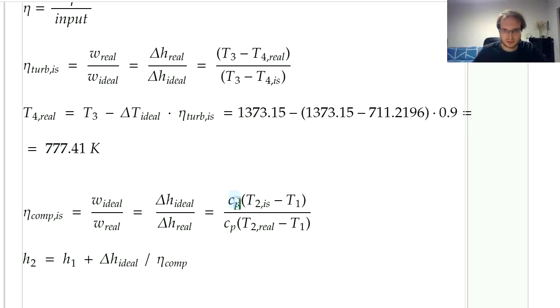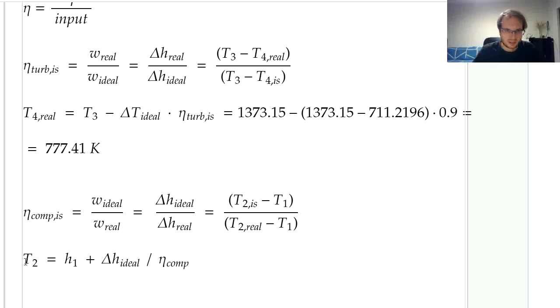Because the Cps can cancel out, as they are assumed to be constant, we can write this in temperatures: the temperature 2 after a real compression will be temperature T1 plus the ideal difference in temperatures divided by the efficiency of the compressor.